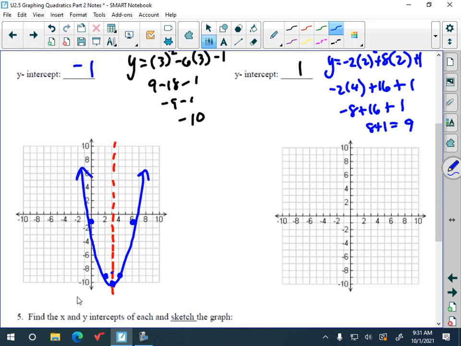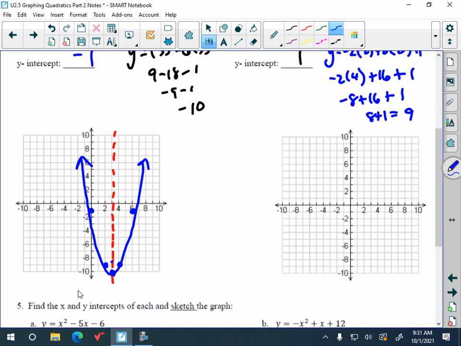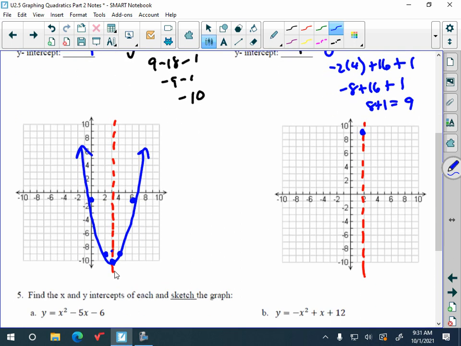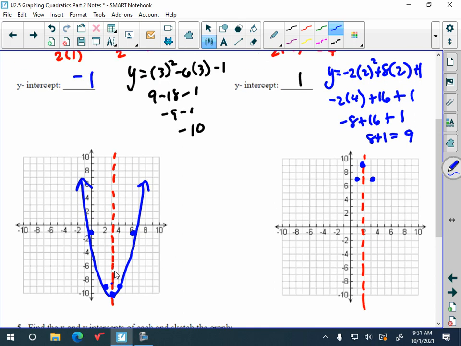Where are we at? X equals 2. (2, 9). All right, our A value is -2, so we're going to go down 2, left 1, down 2, right 1. All right, our y-intercept is +1. Use symmetry, get another point, connect them.